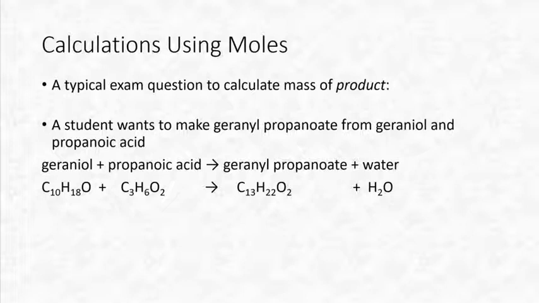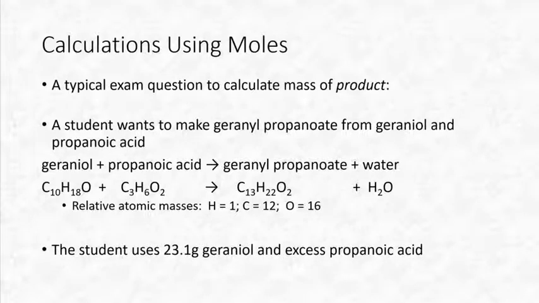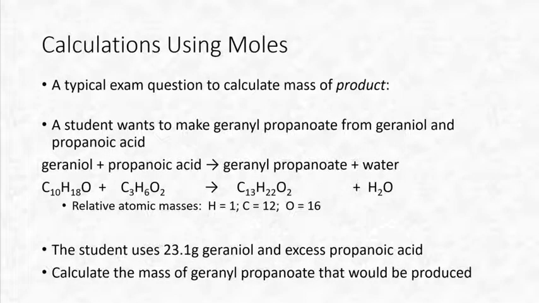You don't need to know those formulae other than that we'll need to work out the formula masses. You wouldn't be expected to work out those formulae; they would be given. And our question carries on. The student uses 23.1 grams of geraniol and excess propanoic acid, and we need to calculate the amount of geranyl propanoate that would be produced.